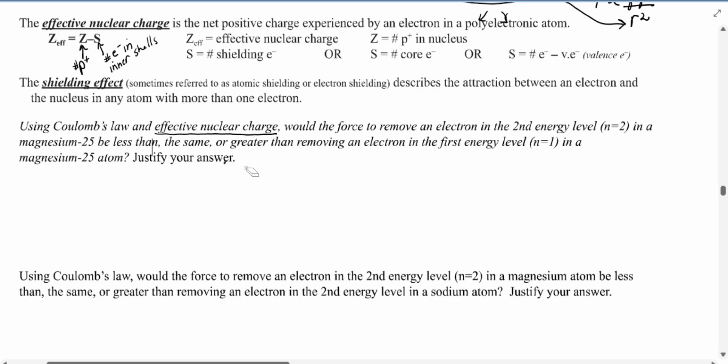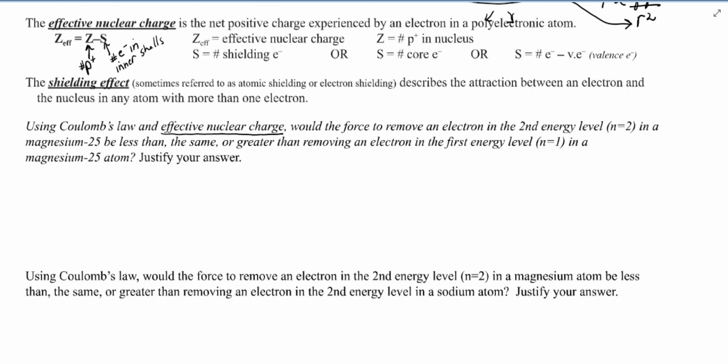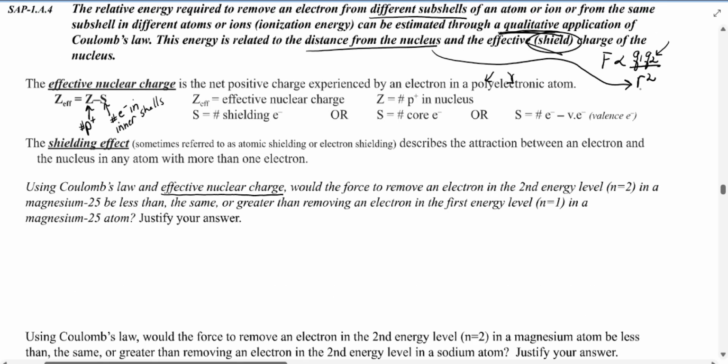Justify your answer. We've already determined that it requires more force to remove an electron in energy level 1 than energy level 2, based on the distance that the electron is from the nucleus.